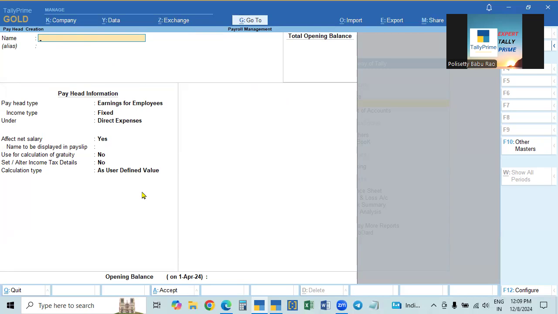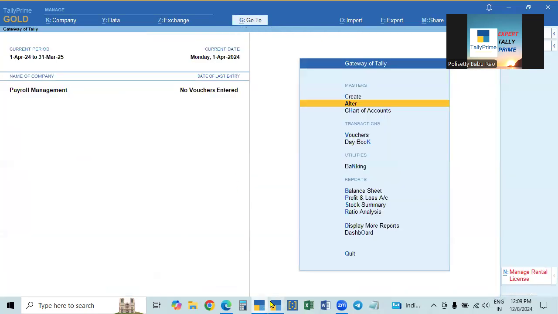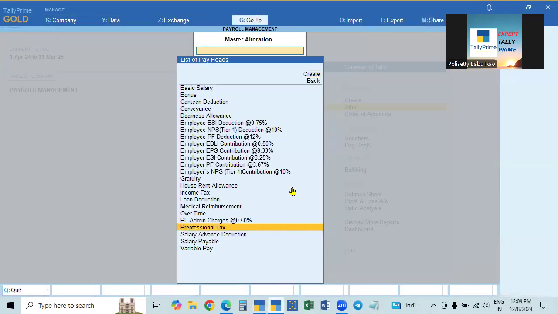We can create here. I already created. How will we create? The same thing we will do here. First of all, in the statutory deductions, the first one is provident fund deduction from the employee. So provident fund deduction we have to make. So we will go here.